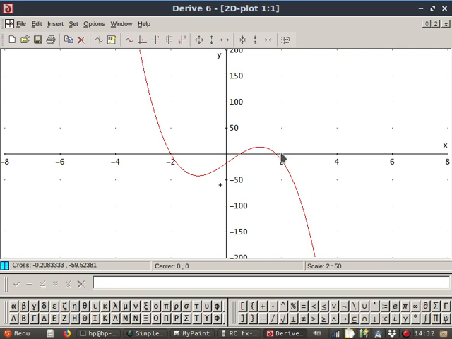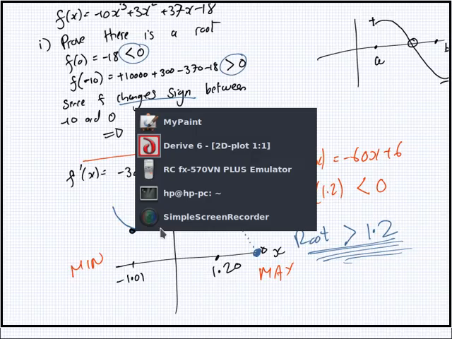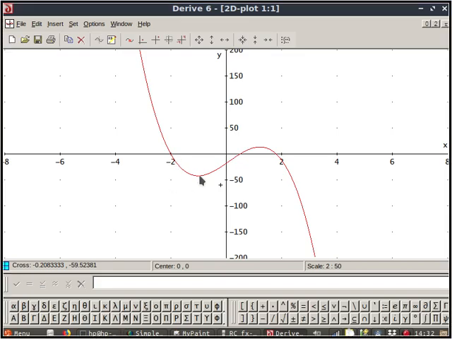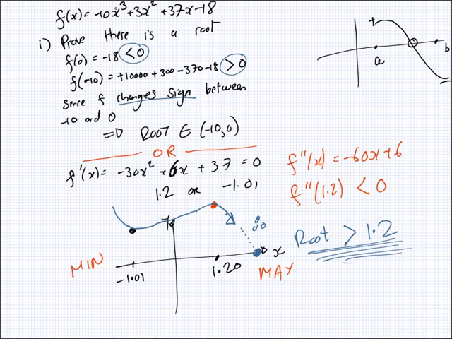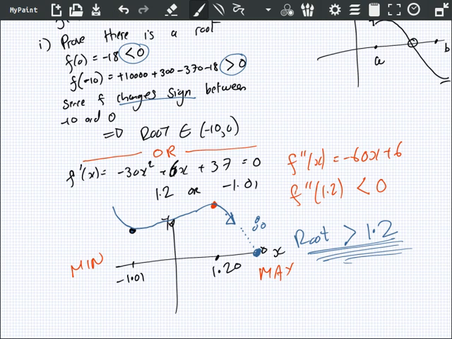So I have one answer on the right and one answer here. That's a max. That's a min. Oh, my min is negative. If I put in minus 1, I'm supposed to get a negative.